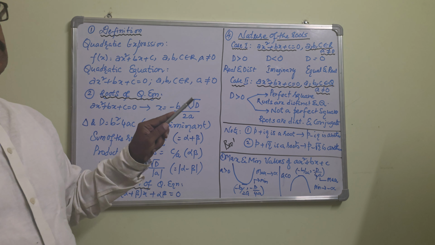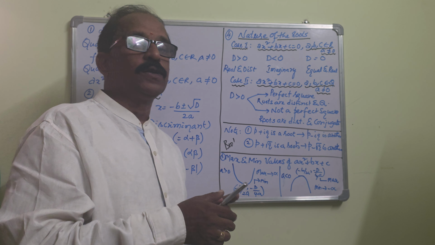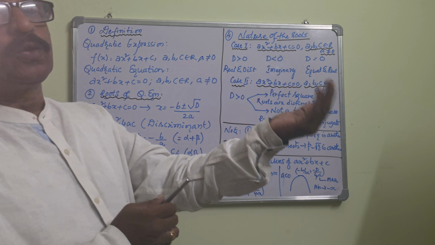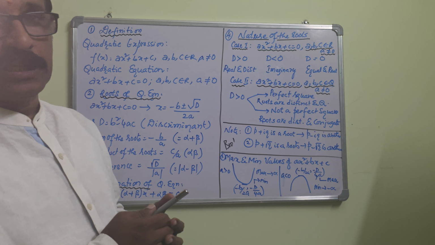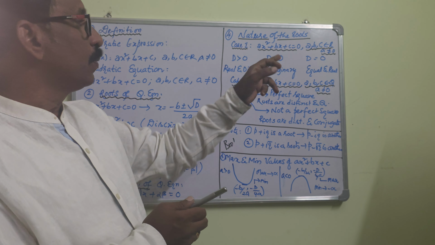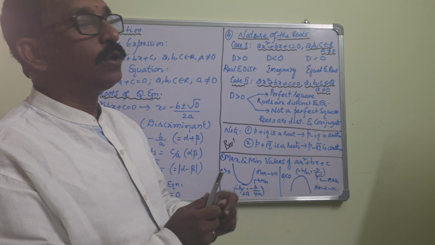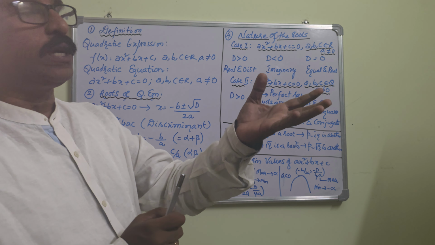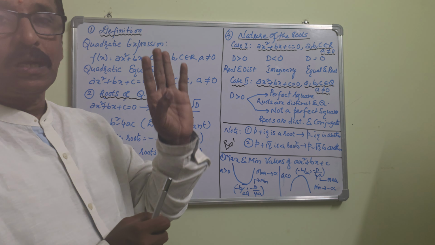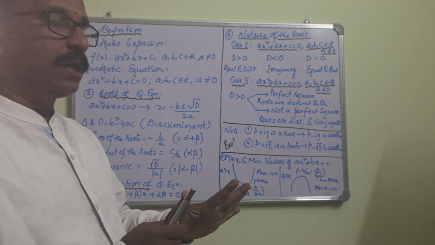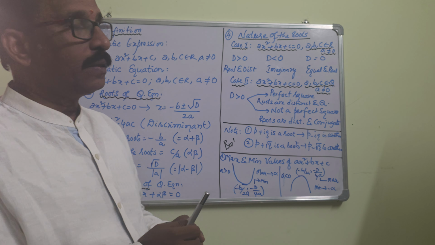If D is less than 0, under the root we get a negative and we convert it into iota, the imaginary number, and the roots become complex. If D is equal to 0, the roots obtained are equal and they are also real.